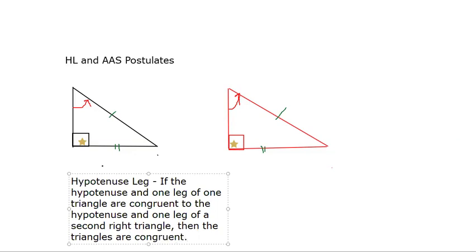They are equal. Only for right triangles, and we're talking about hypotenuse and leg.